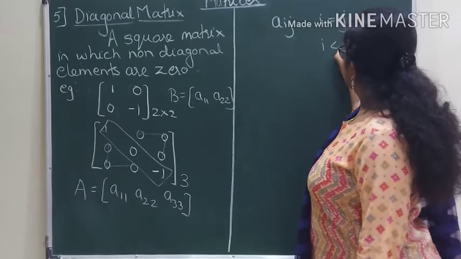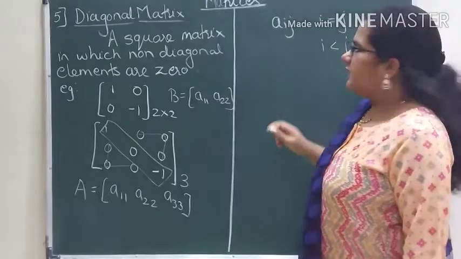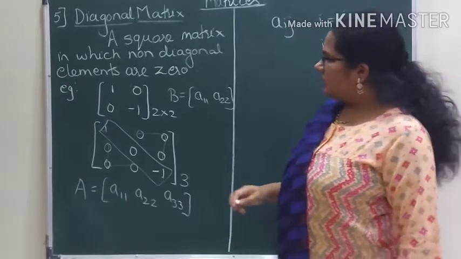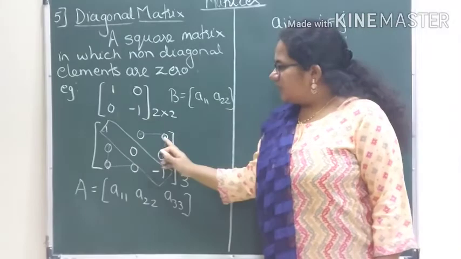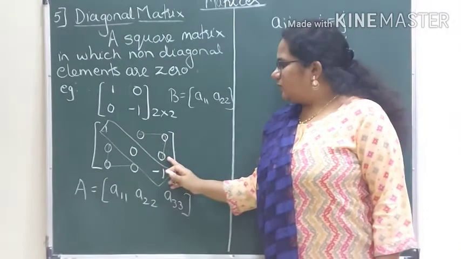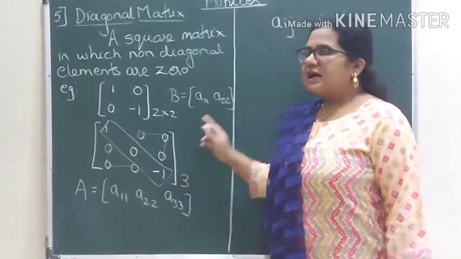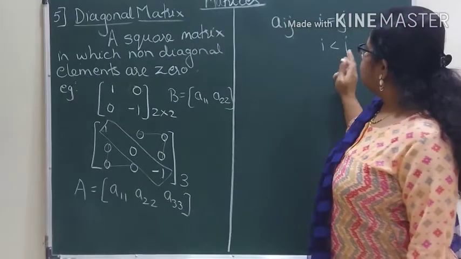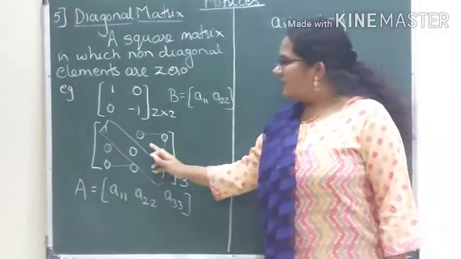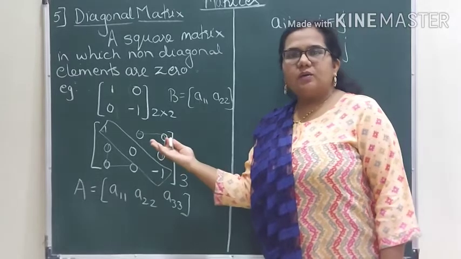If i is less than j, that is the row number is less than the column number, which elements? a12, a13, a23. In these three elements, i, the row number, is less than the column number. Then they are called elements above the diagonal.